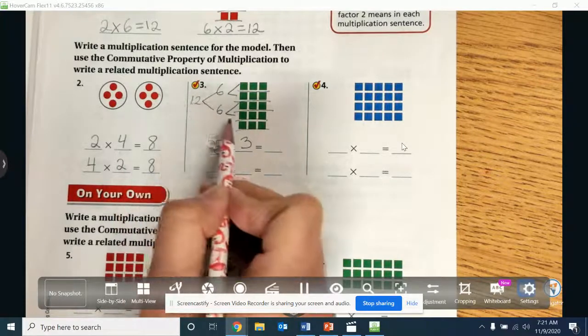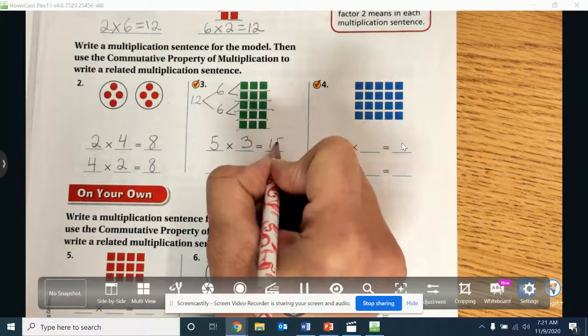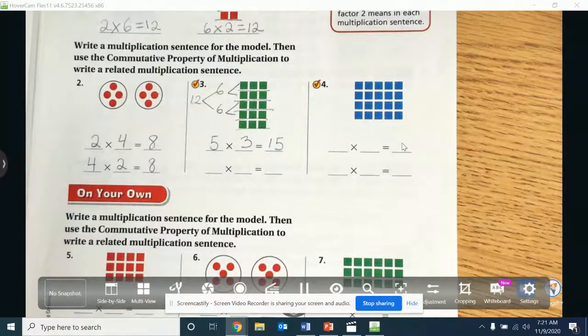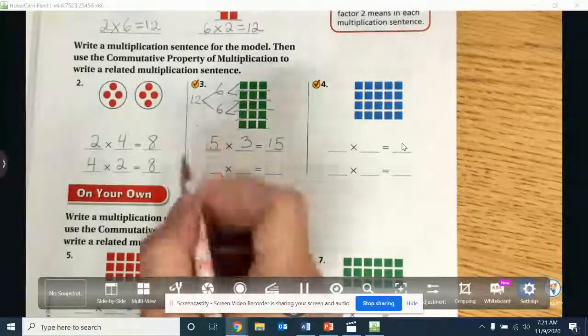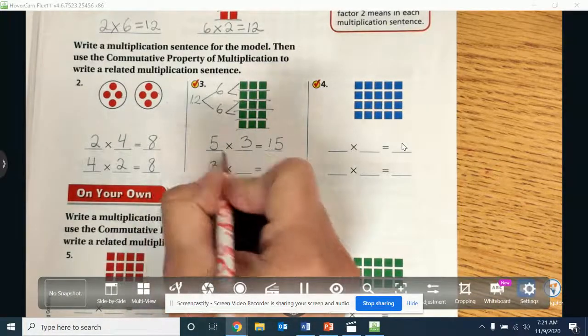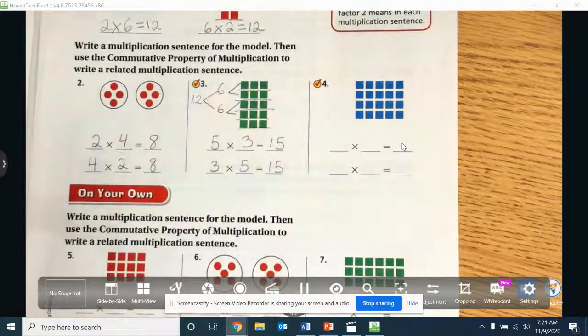And 12 plus 3, 13, 14, 15. A related multiplication sentence using the commutative property would be, let's change the factors around. 3 times 5 will still give us 15.